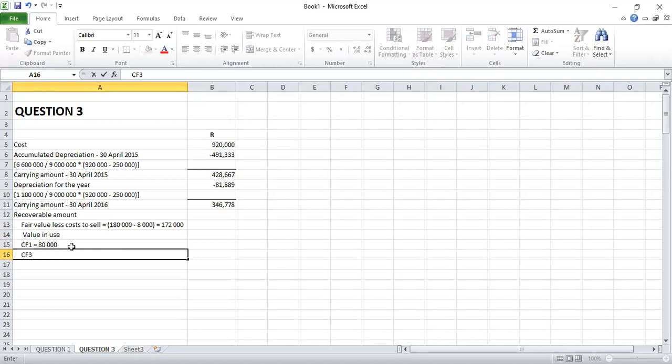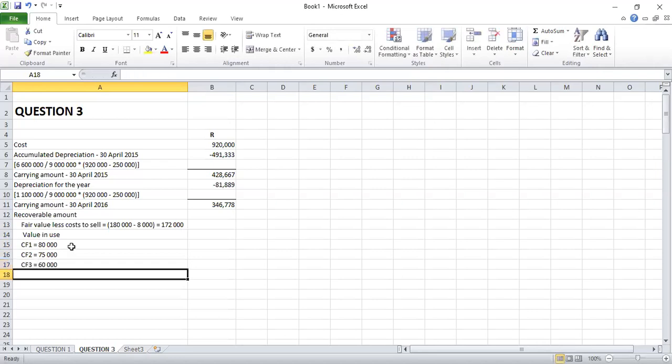Cash flow 2 would be equal to 75,000. Cash flow 3 would be equal to 60,000. Then our interest rate would be equal to 9.5%. Then can you find the PV?